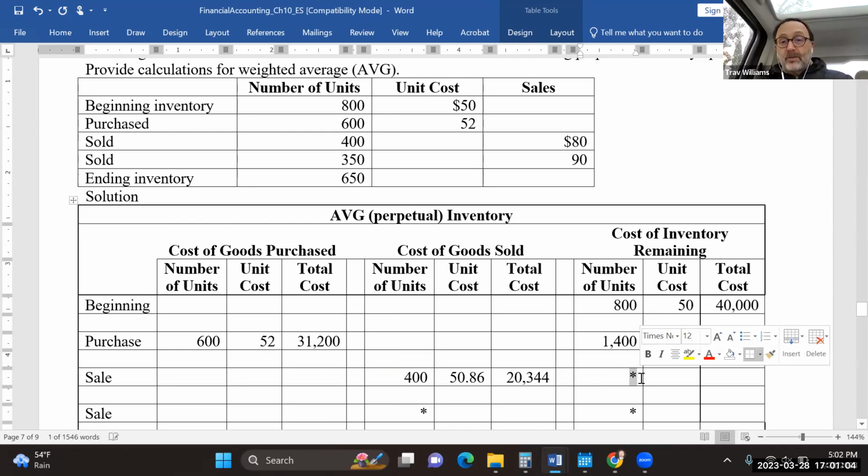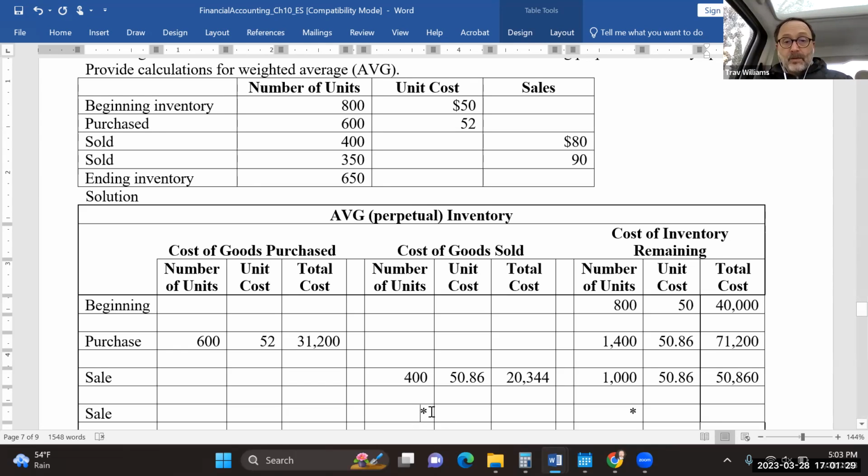That means we have 1,000 units remaining, right? Because we had 1,400 and we sold 400. Again, our weighted average cost hasn't changed. It doesn't until we make another purchase. That means we have $50,860.